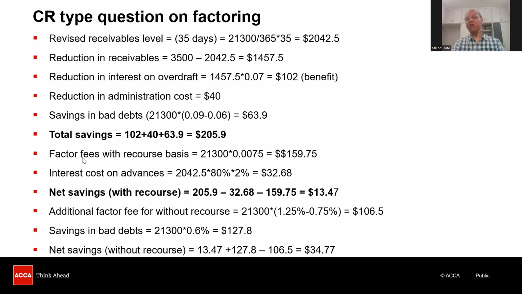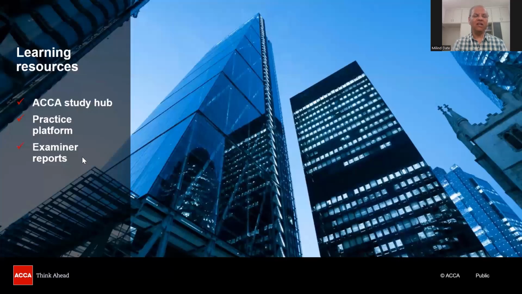Obviously, when you need to learn and practice, you need to use resources given to you by the ACCA. Study hub resources, very good resources for learning all the concepts, in fact. But for this particular concept, Chapter 16, Section 3.2 will help you a lot.